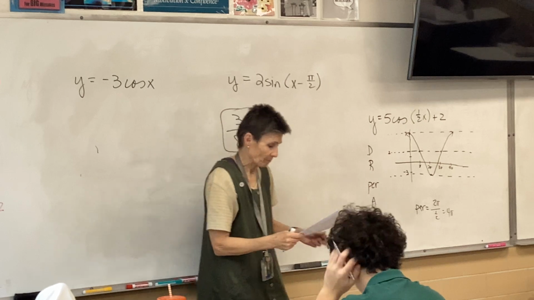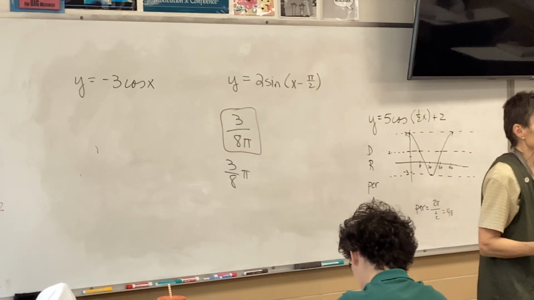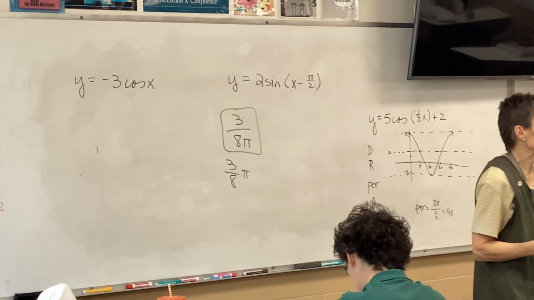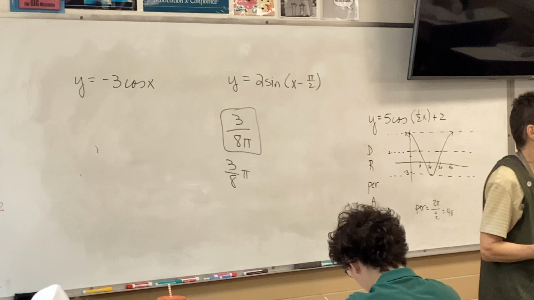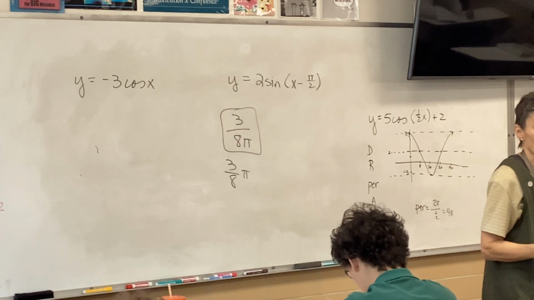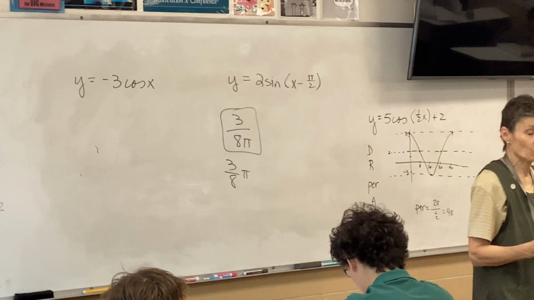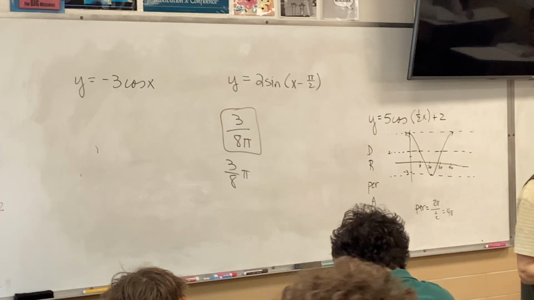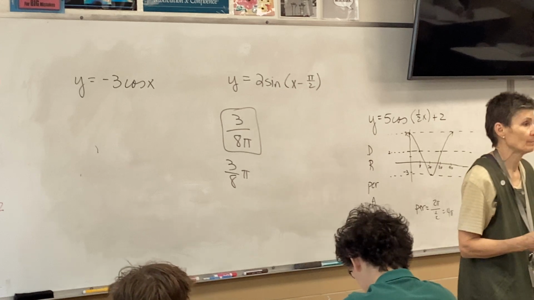All right, have we found something different about all of them? Okay, what'd you find different about A? Amplitude is 2. All the rest of them have an amplitude of 1. So in other words, it's twice as tall as the rest of them. Okay, good. What did you find out about B?